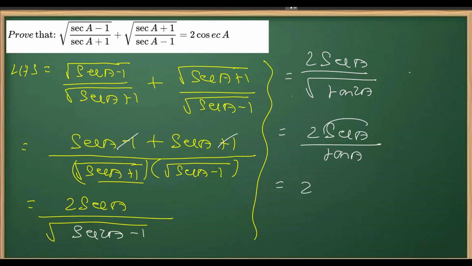Now I can write sec A as 1 over cos A, since sec is the reciprocal of cos, and tan is sine by cos.